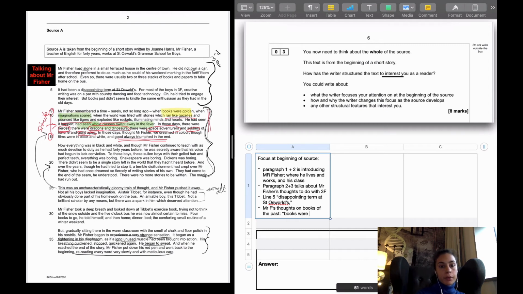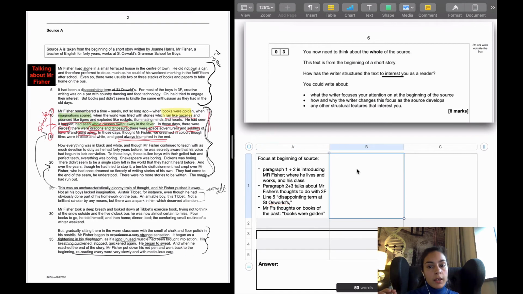"Books were golden." So here we've got just the first 3 paragraphs, the beginning, nice and simple.